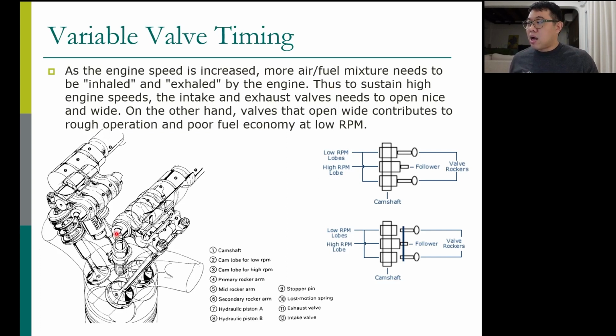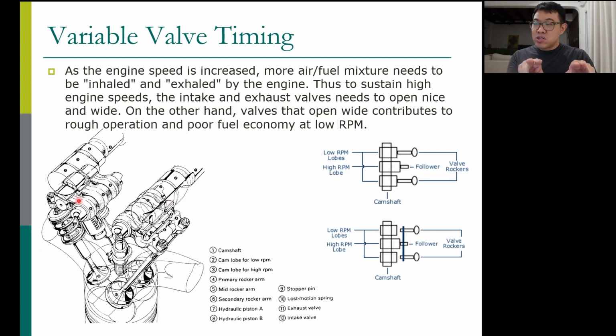There are many mechanisms. You can just search on the internet. Different companies use different mechanisms. This picture is Honda. Honda is the first manufacturer that made variable valve timing engines. They have different rocker arms: a big rocker arm in the middle, and small rocker arms on the left and right.